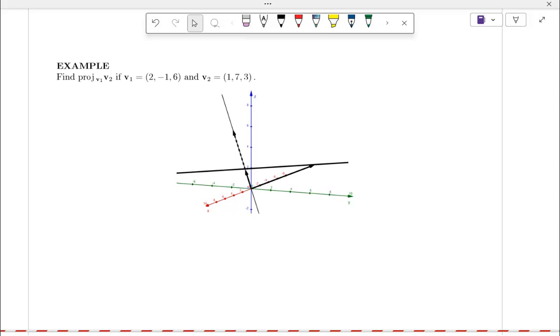Okay. All right, so when we compute this then, if I want the projection of V2 onto V1, what goes on top? The dot product. So I'd have 2 minus 7 plus 18 on top. What goes on bottom?